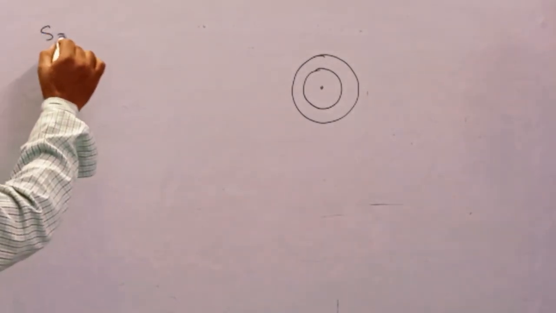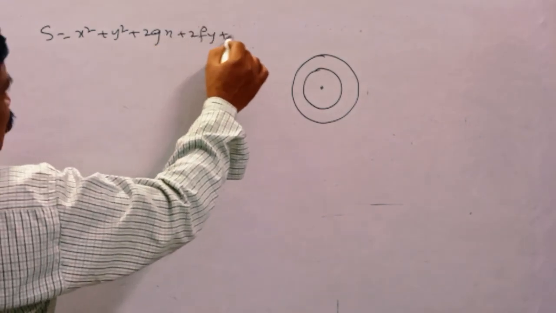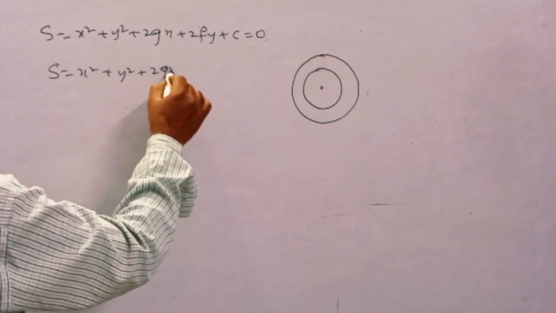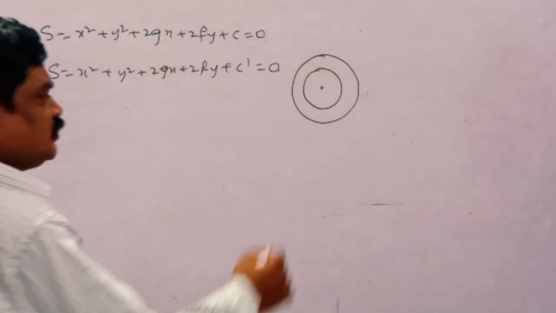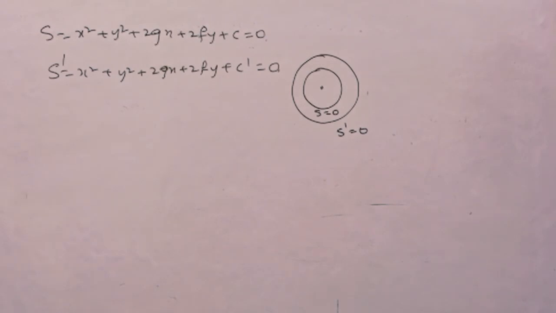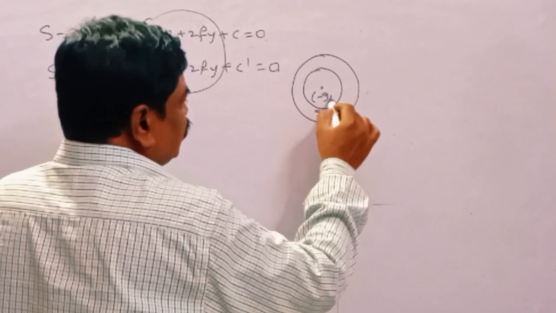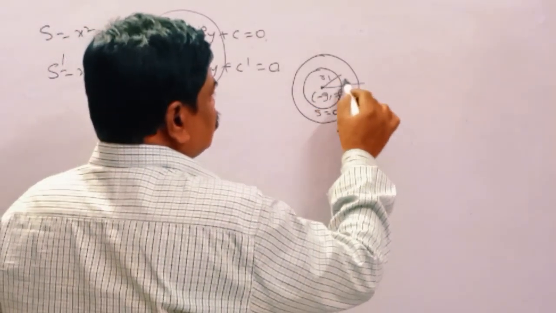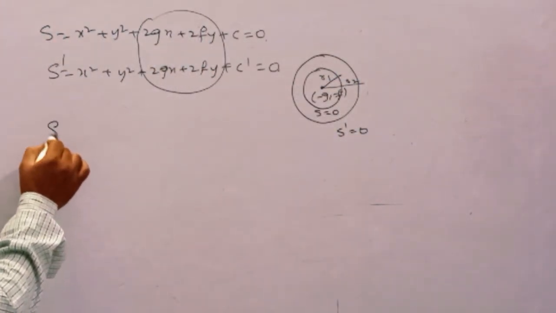Any two circles S is equal to x square plus y square plus 2gx plus 2fy plus c equal to 0, and S dash is equal to x square plus y square plus 2gx plus 2fy plus c dash is equal to 0. This is S equal to 0 and this is S dash equal to 0. Here these two circles have the same center, minus g comma minus f, and radii are different. This is R1, this is R2. Then we say the circles have the same center.